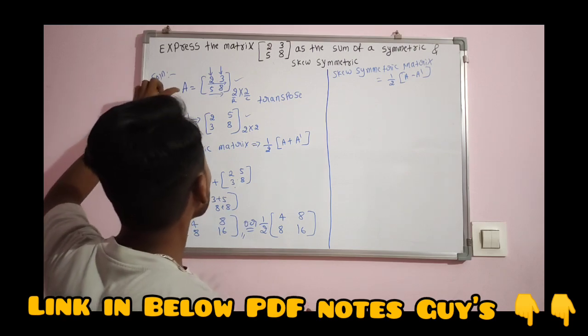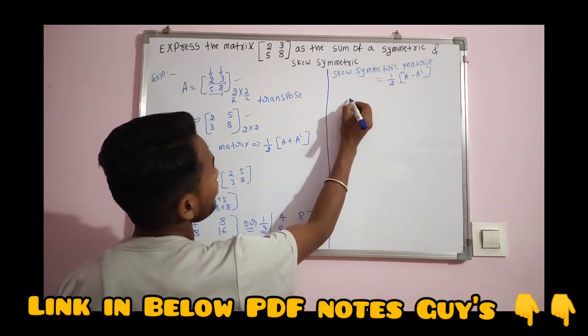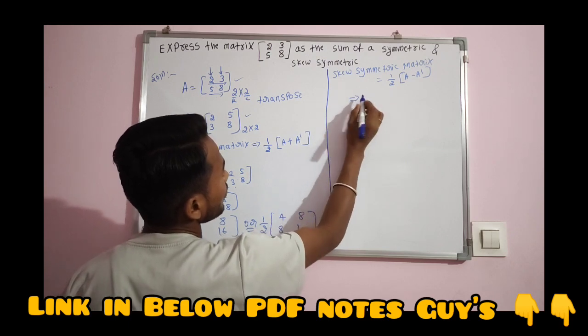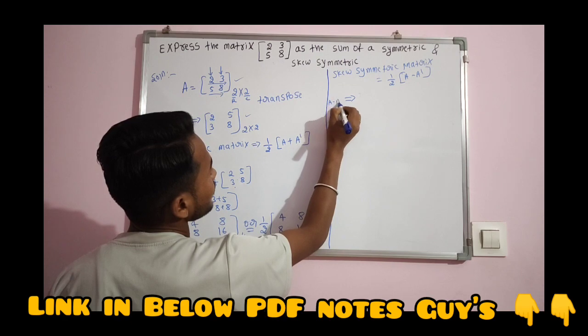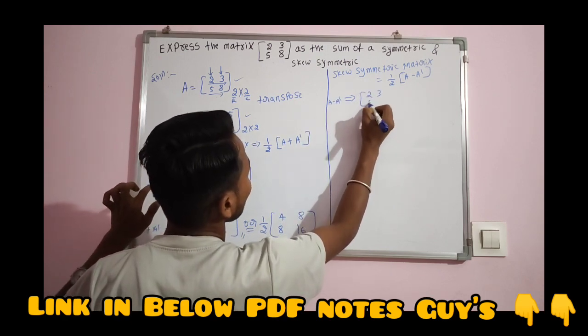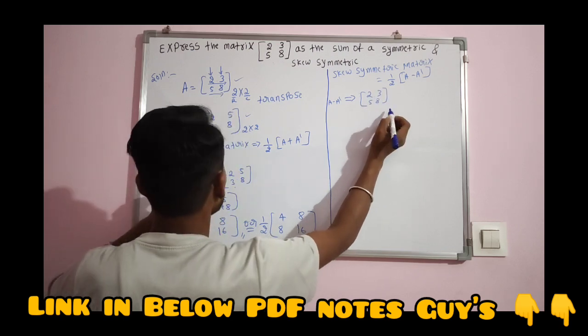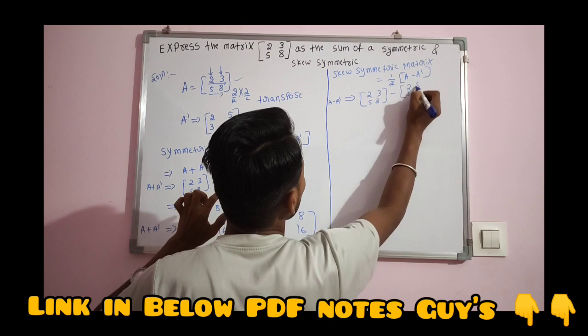Okay, so I will find A and A dash and directly put them here. Like this, A minus A dash. Here A dash equal to 2, 3, 5, 8. Then now 2, 3, 5, 8 minus.